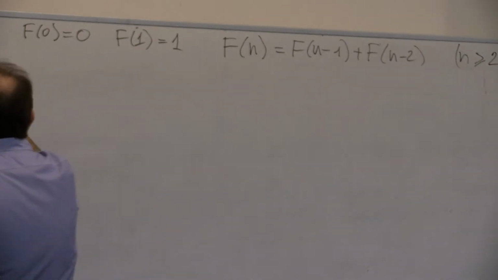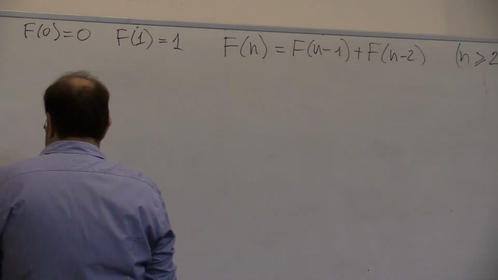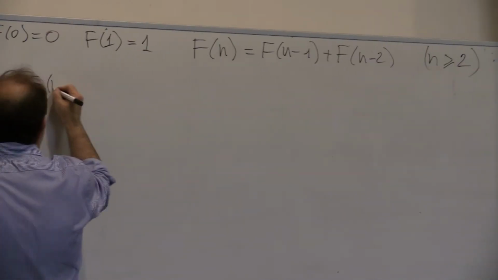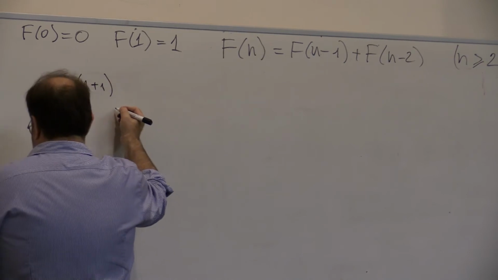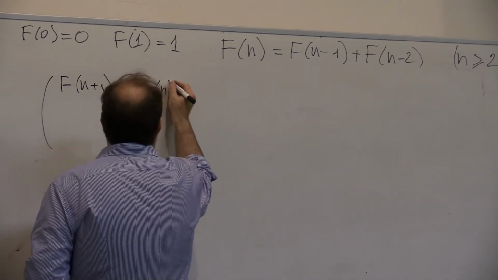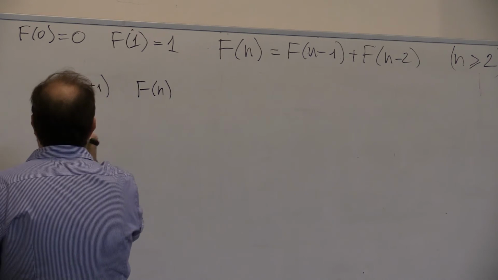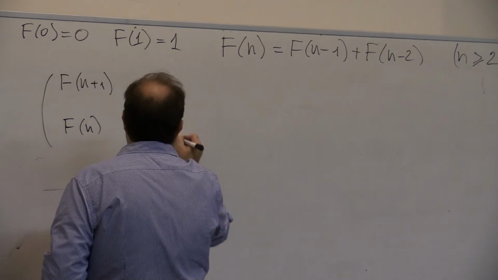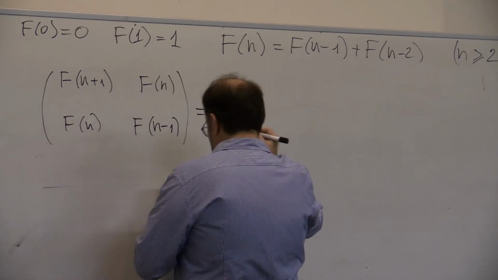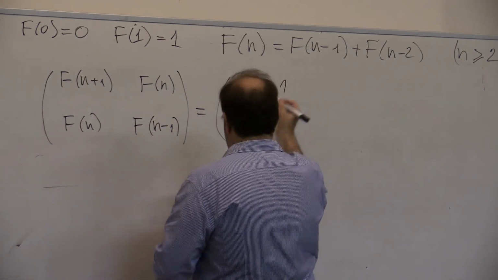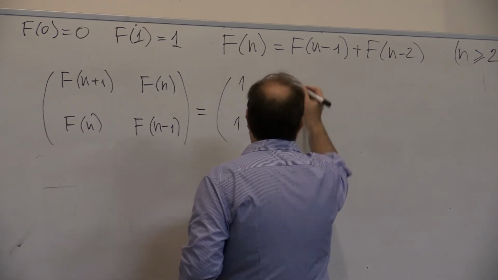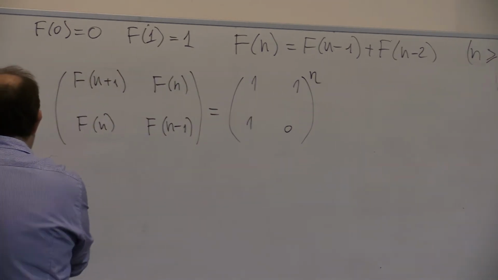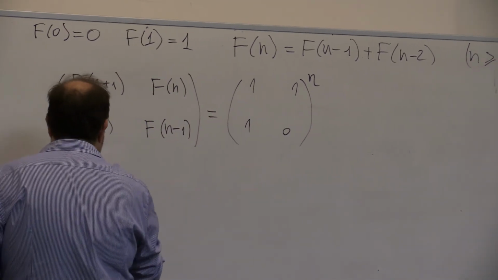And A part says, show that the following matrix, F of n plus 1, F of n, F of n, F of n minus 1 is equal to the following matrix 1, 1, 1, 0 to the power n. That's A.